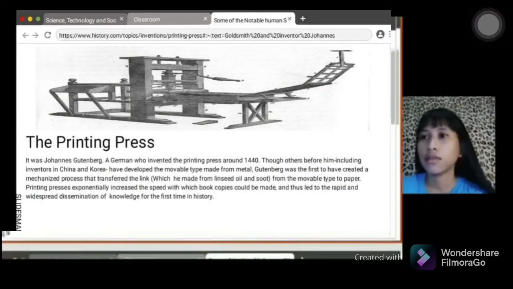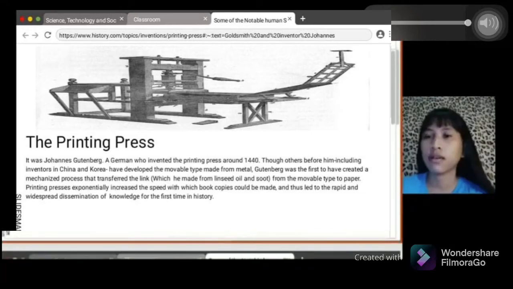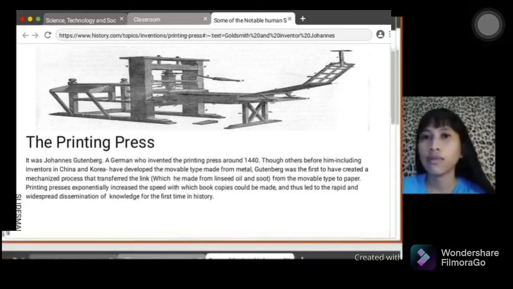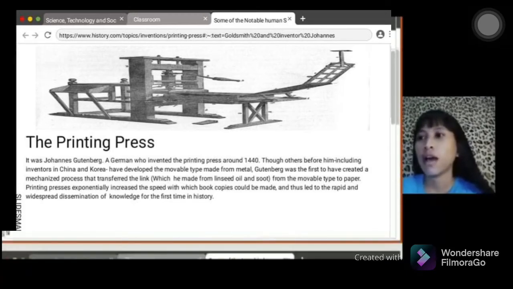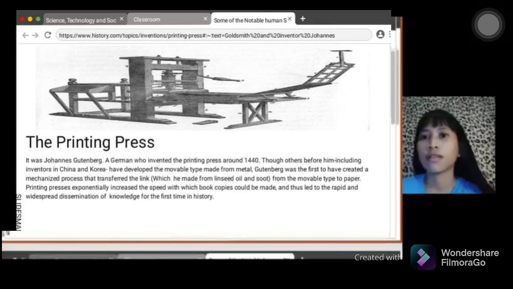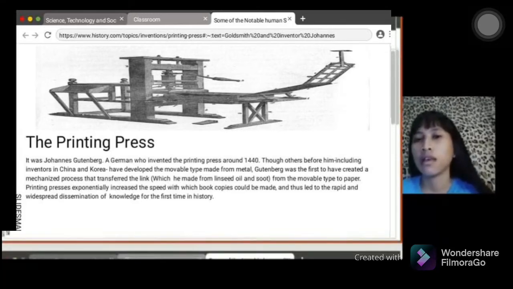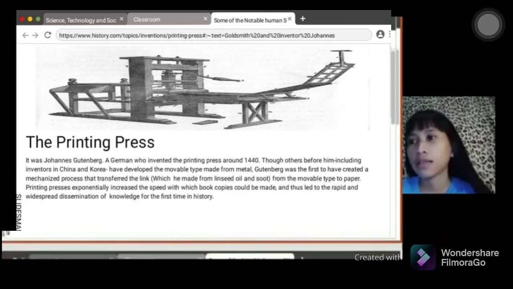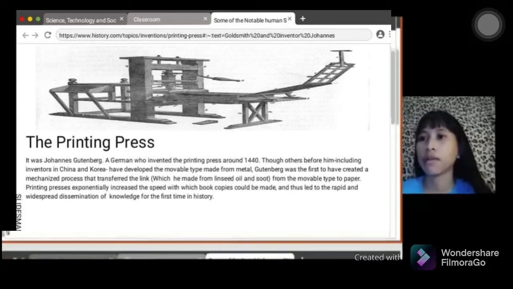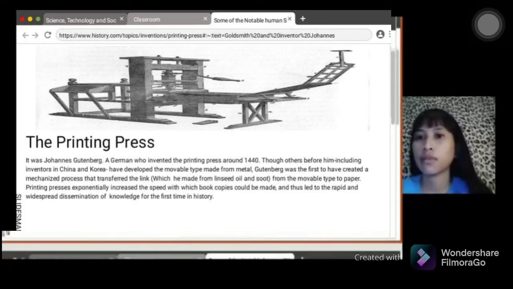Gutenberg, a German who invented the printing press around 1440, built on the work of others before him, including inventors in China and Korea, who had developed movable type made from metal. Gutenberg was the first to create a machine process that transferred the ink from the movable type to paper.